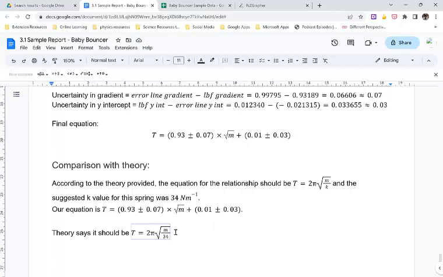So we can just make it, that's equal to, oops, let's get out of that square root first. That's equal to, sorry, I'll do it like this, 2 pi over square root 34 times square root m.